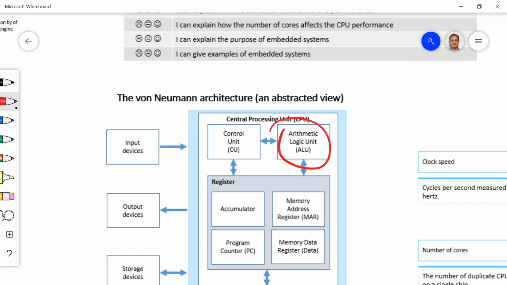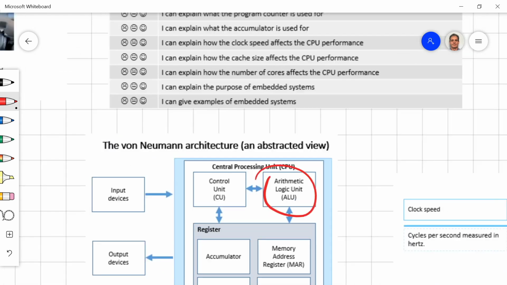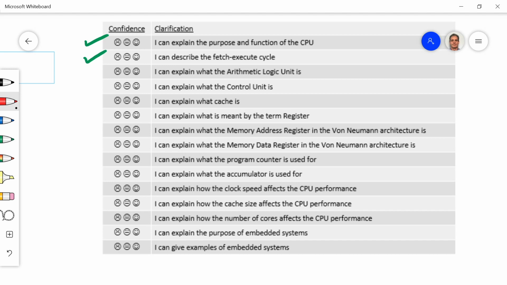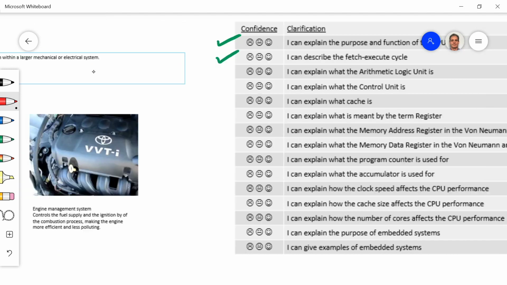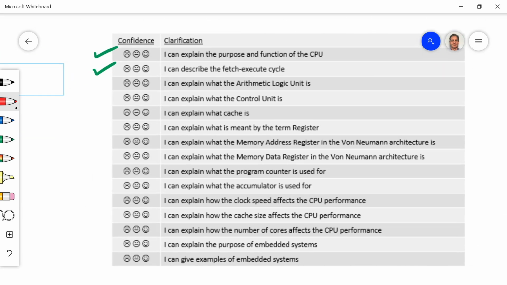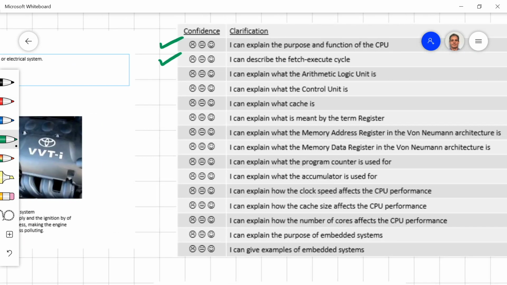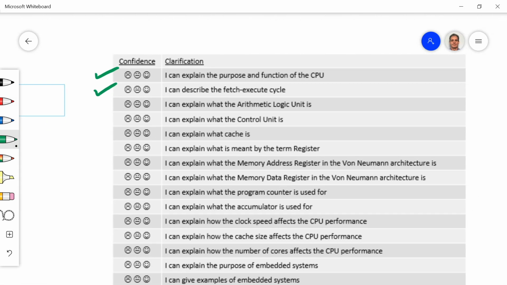So it's at the heart, the controlling part of the CPU that sets everything else up. Okay, so we've got that one and that one.